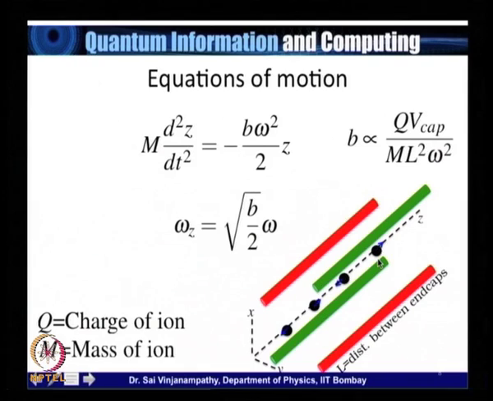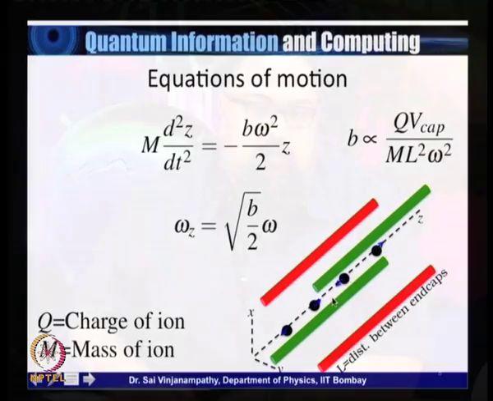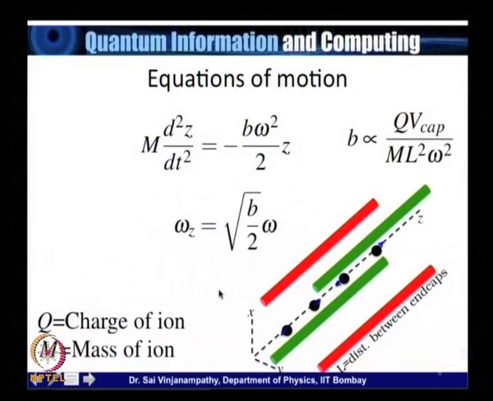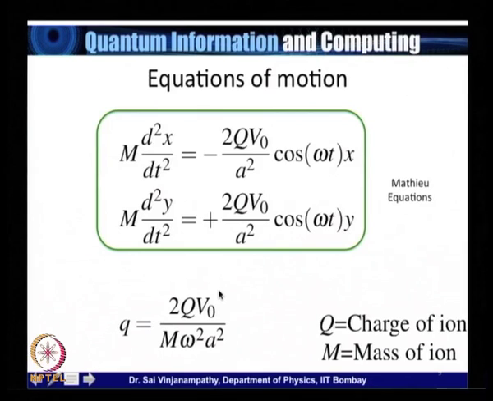A detailed analysis also shows that there are additional modes along the z-axis, like this breathing mode that I have depicted here. Let's now consider the motion along the other 2 axes, which is the x and the y-axis. One can again derive the equations of motion along the x and the y-axis, and these equations of motion are given by what are known as the Mathieu equations.